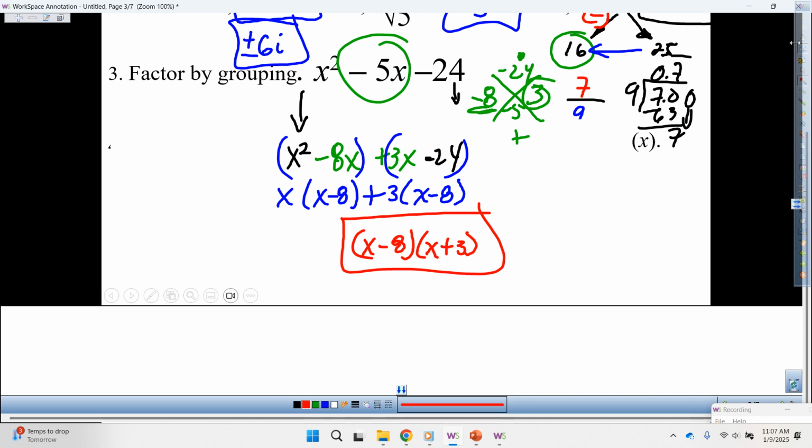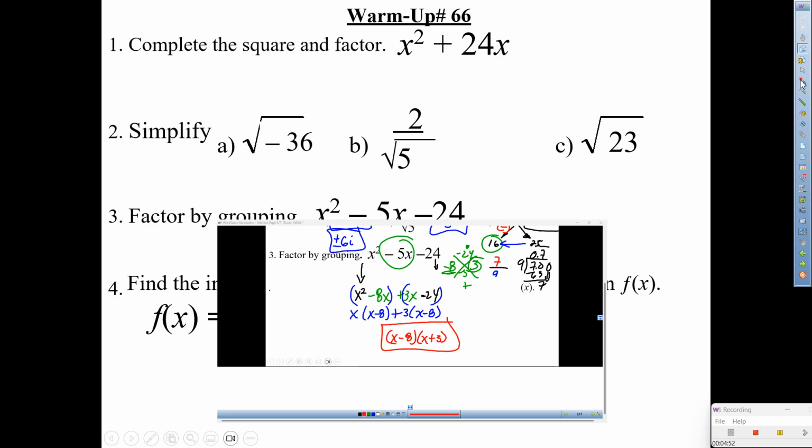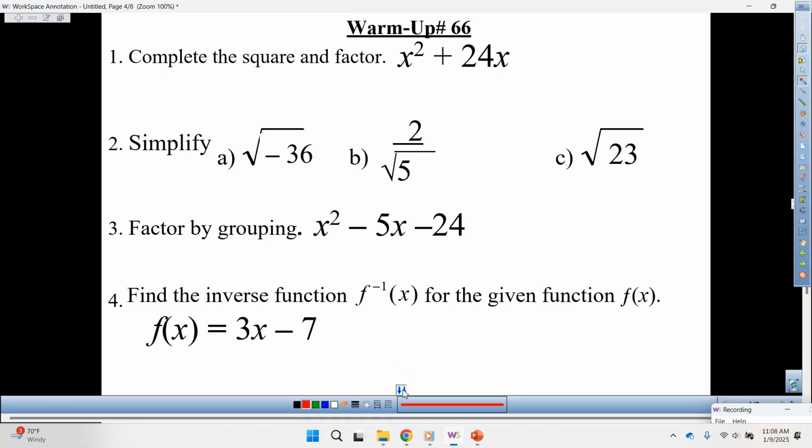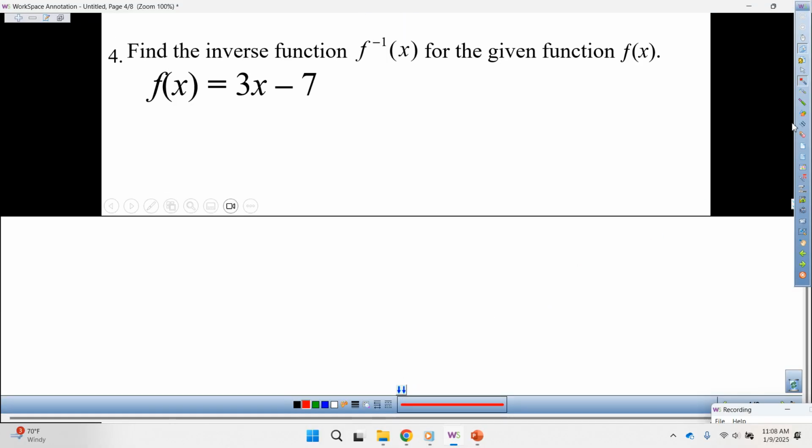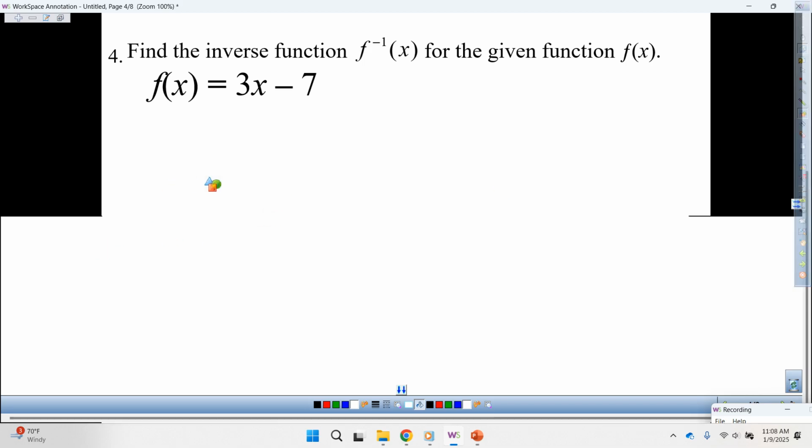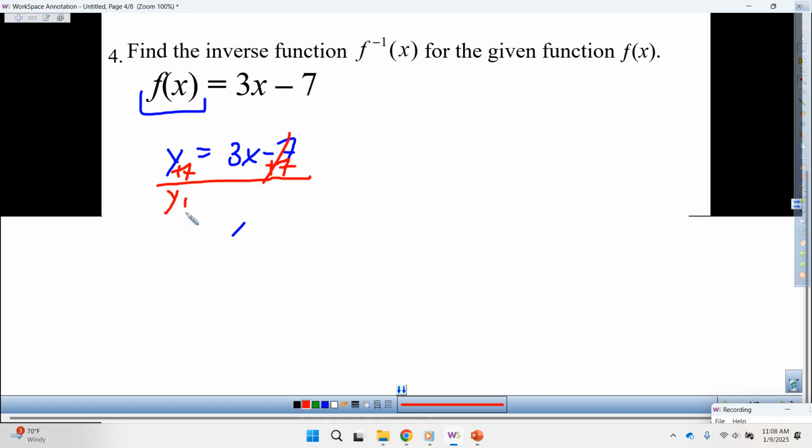All right, let's go to number 4. Pass someone for number 4. All right, Mario, walk us through this one. Change it to y. Then we got y plus 7 equals 3x.